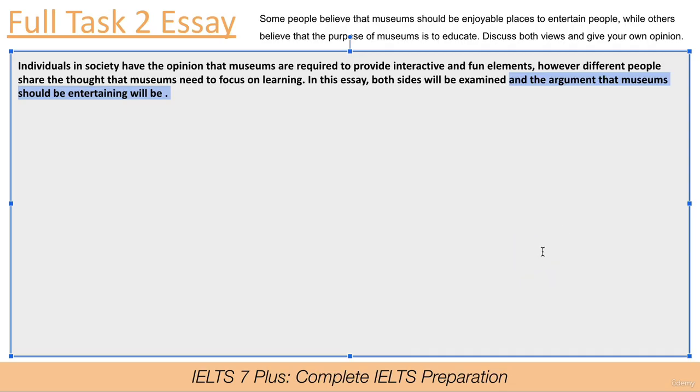Both sides will be examined along with the reasoning for why museums' primary focus should be on entertainment.